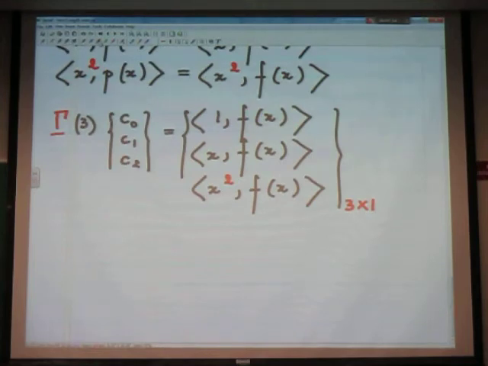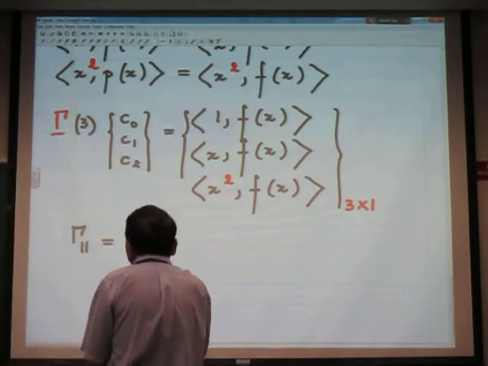And what is gamma? Let me test the class here. How do you write gamma 1, 1? What is gamma 1, 1? Remember gamma 1, 1 comes from forming the scalar product of the equations, of the polynomial in X there.